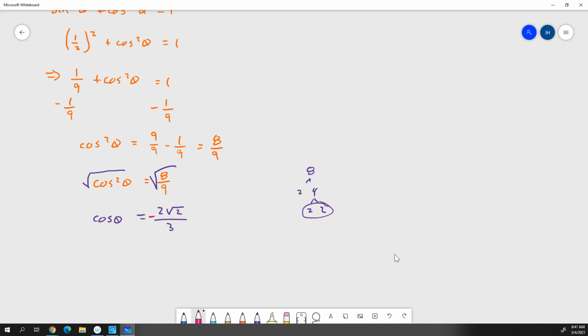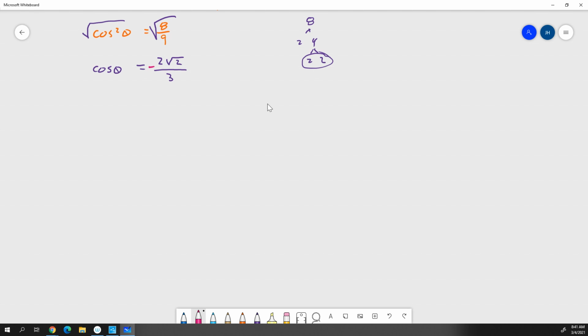So let's look at tangent. Well, tangent's not so hard dealing with trig identities, right? If we do B, tangent of theta, what I know about tangent is that tangent is sine of theta over cosine of theta.